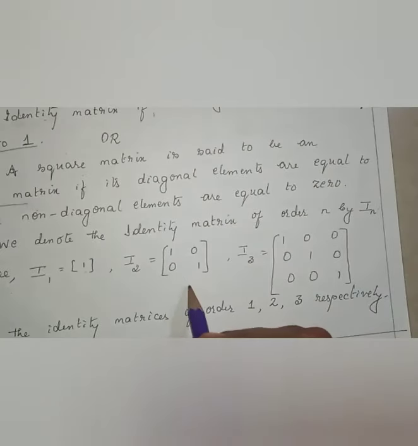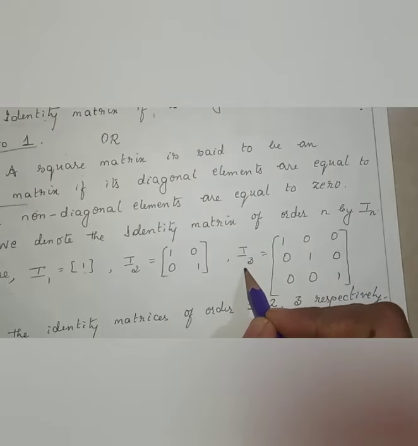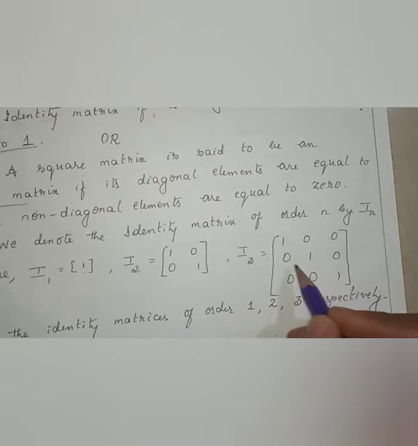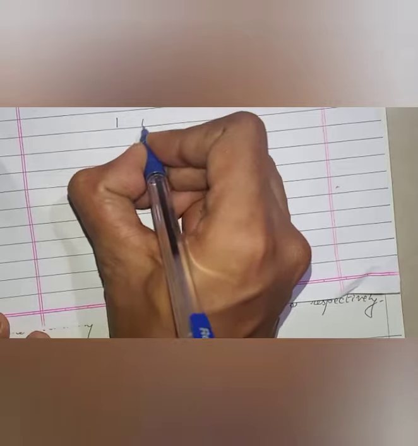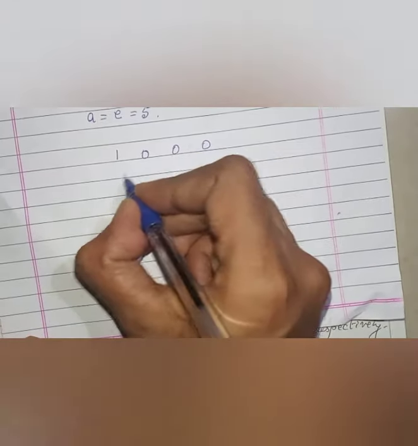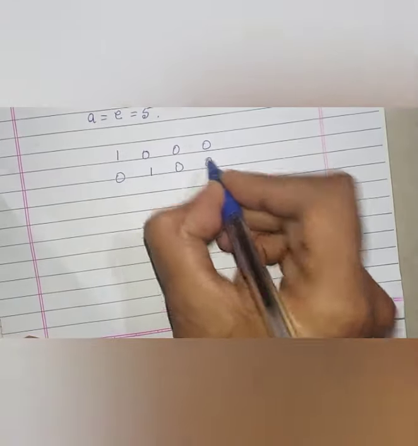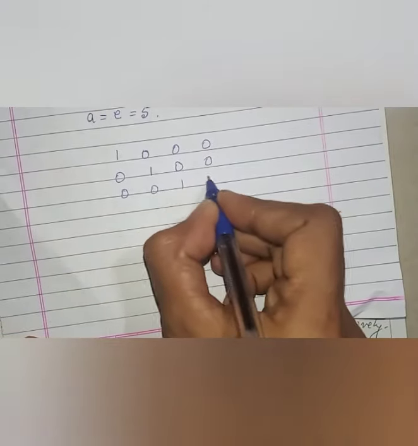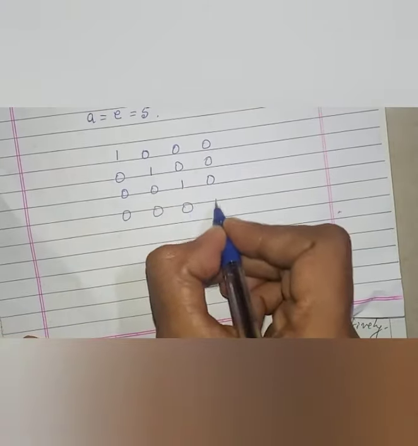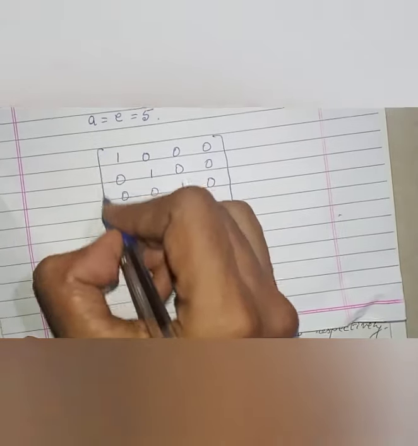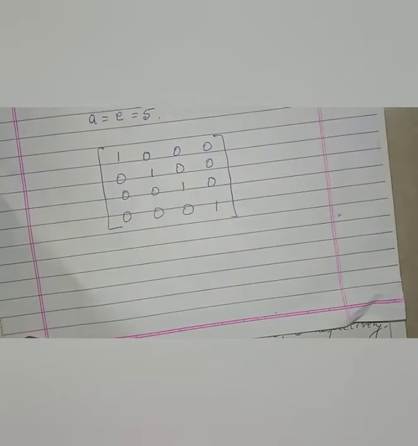Sometimes we use this in solving problems. I3, so this is a 3 by 3 identity matrix: 1 0 0, 0 1 0, 0 0 1. If you want a 4 by 4 identity matrix, the diagonal elements are 1: 1 0 0 0, 0 1 0 0, 0 0 1 0, 0 0 0 1. So this is a 4 by 4 identity matrix.